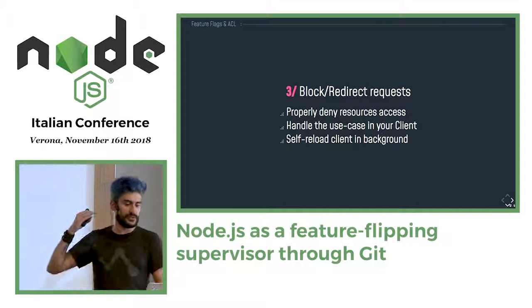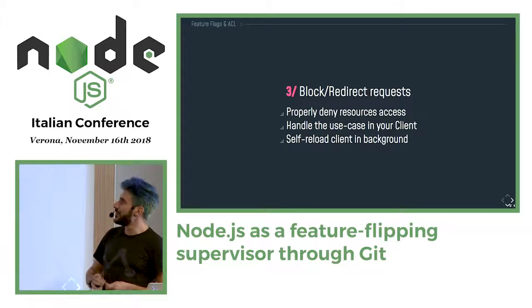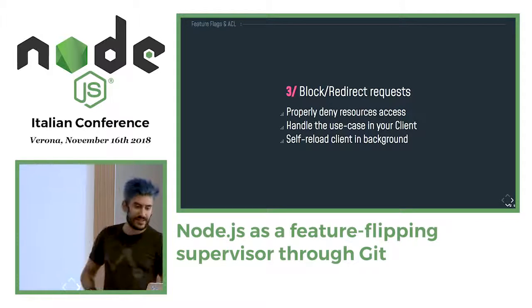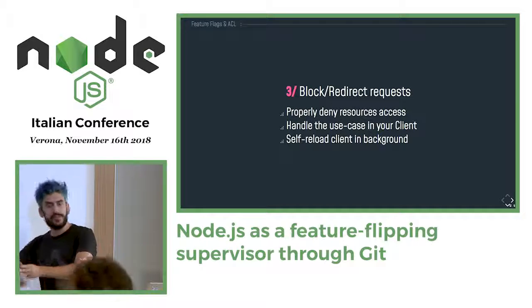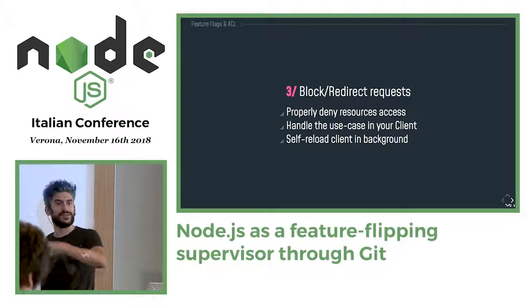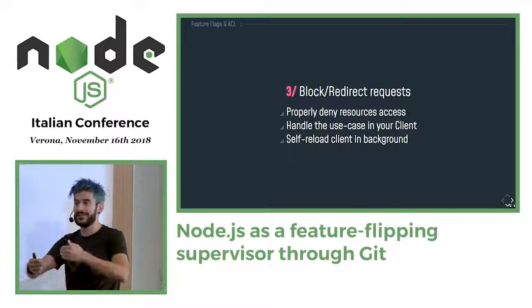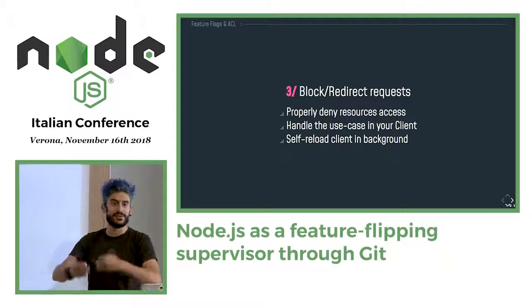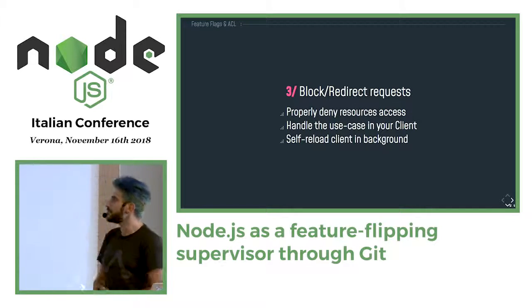Feel free to block the various requests and the various redirects in your API on your endpoint when you update or enable or disable your features. But never forget to properly deny the resource, because if your user is accessing a resource and you are enabling a feature at the same time and they are trying to access it, you have to properly inform him or her that there is a problem and they are not allowed anymore to access the endpoint, or the endpoint has moved or something like this.